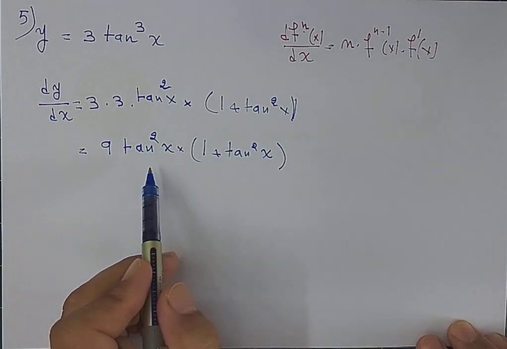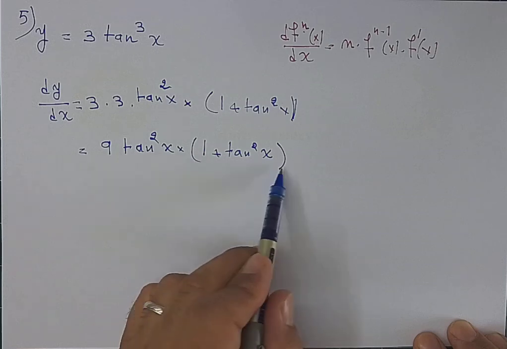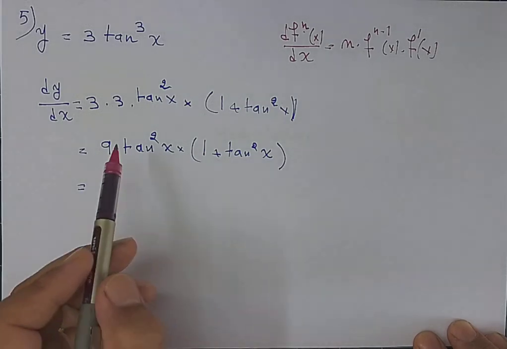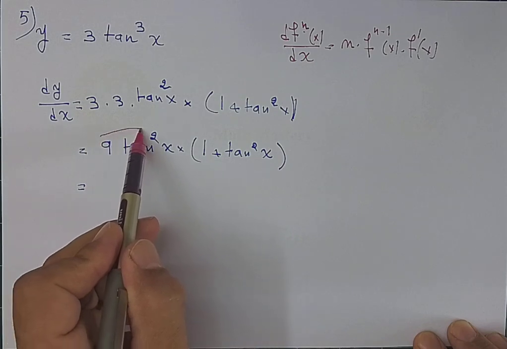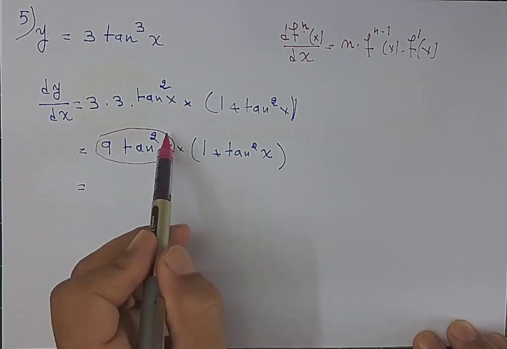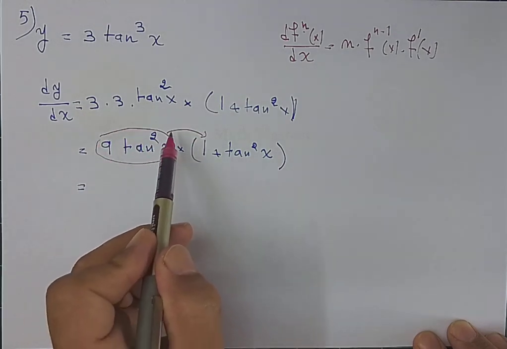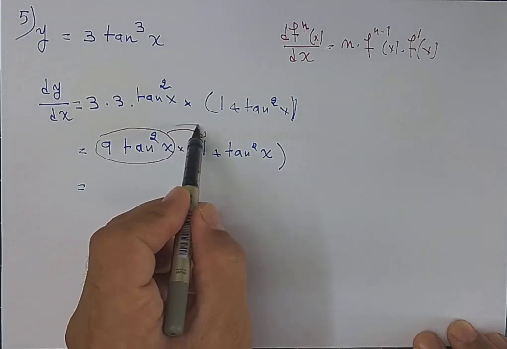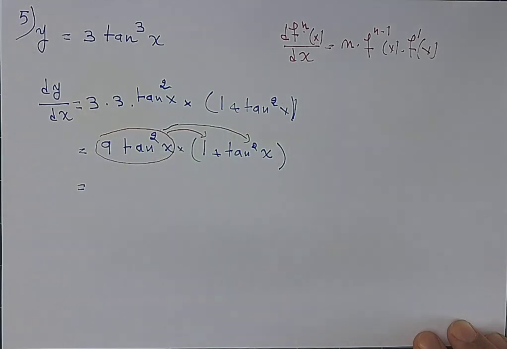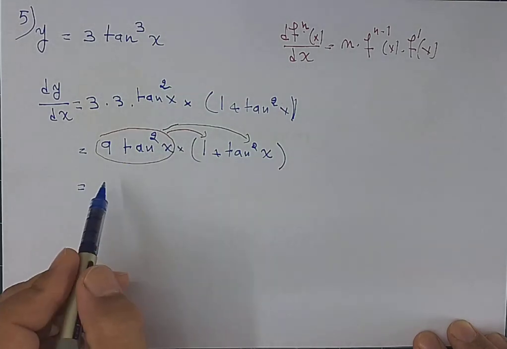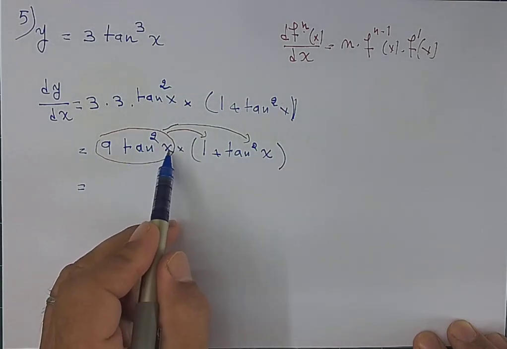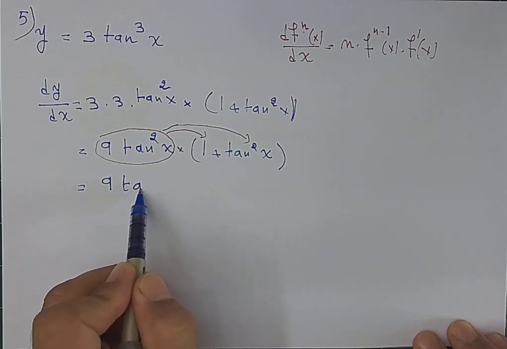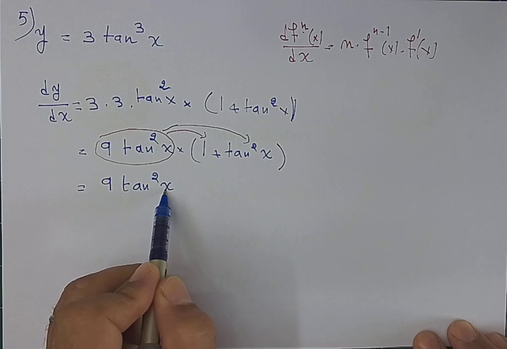Okay, I can expand and delete this bracket. I put 9 tan square multiplied by 1, after that multiplied by tan square. So 9 tan square x times 1 equals 9 tan square x.